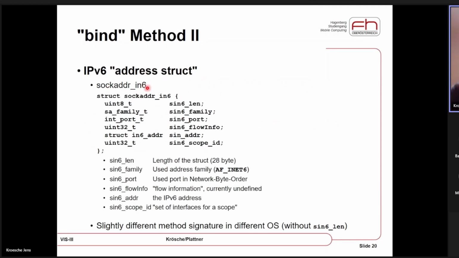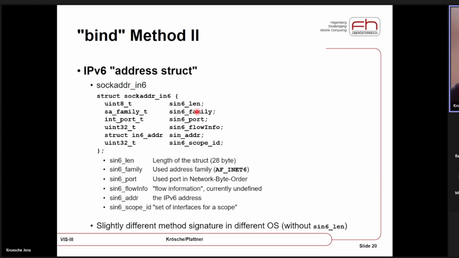So that's basically attaching a trailing 6 to the socket address struct. It's slightly larger, has slightly more content, and on some systems this length information is missing, but we are typically only interested in the family, the port, and the address.